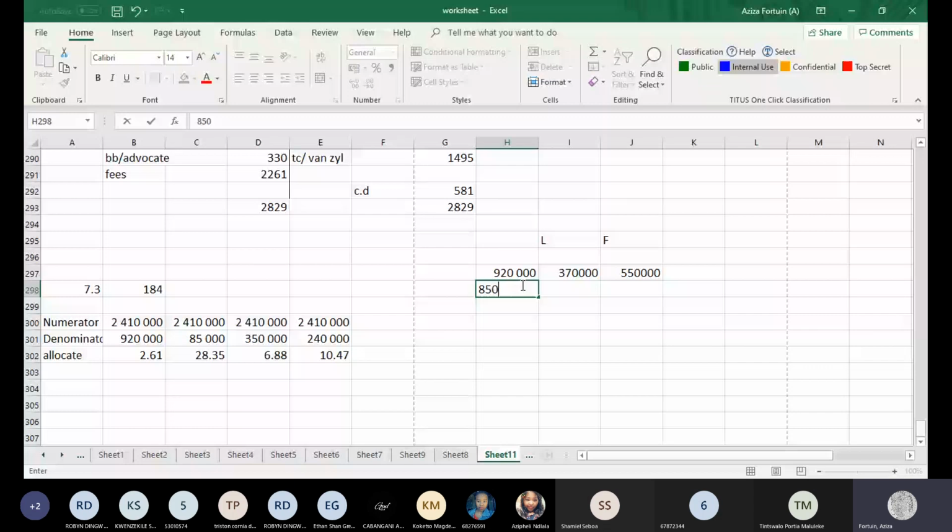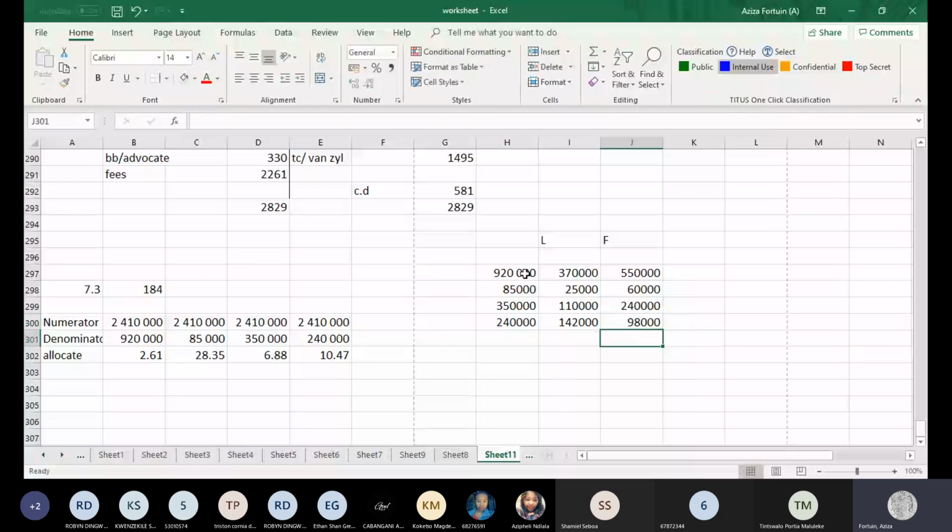Your budgeted direct labor hours they gave you is 350,000, and they split it into 110,000 and 240,000 for the fold up umbrella. And then the budgeted kilograms was 240,000, and that will be 142,000 and 98,000. Highlight this.